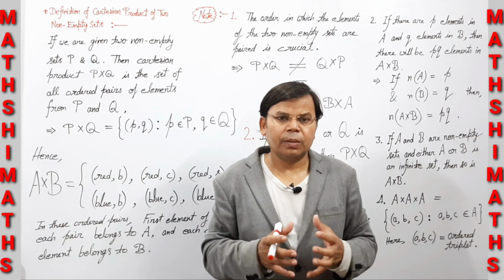Now the fourth point is that the Cartesian product of 3 same sets will be written like this.